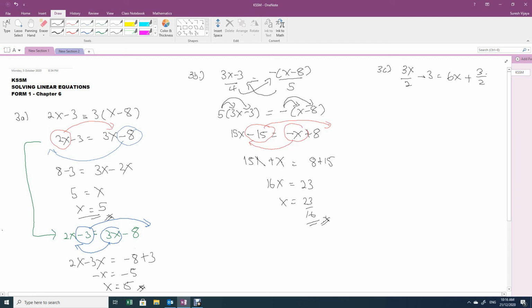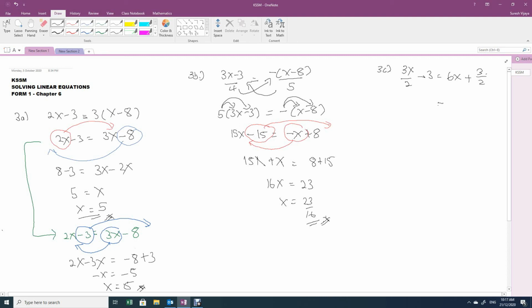So how do we want to move this? Either way, you can move 3x over 2 to the right or 6x to the left. It's your choice. Let's say you work out either of the ways, as in example 3a, you still get the answer. So we always pick the easier way to do this.